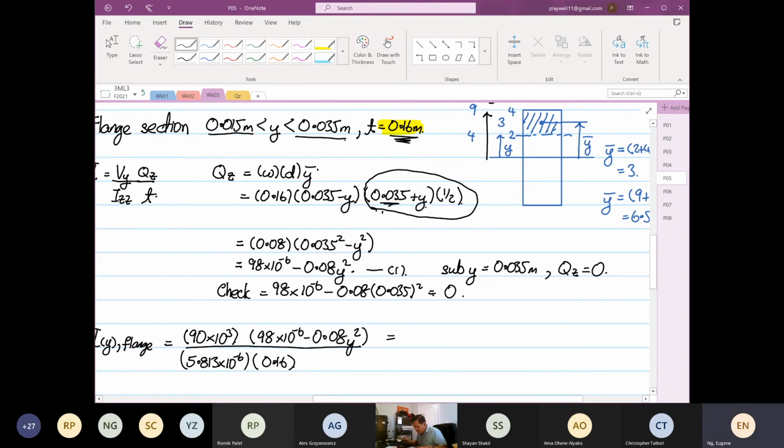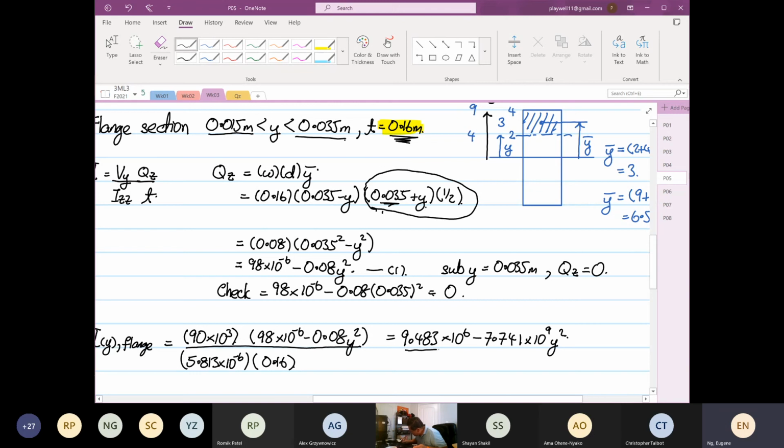So when you formulate everything, 90 times 10 to the power 3 times 98 times 10 to the power minus 6 divided by 5.813 divided by 0.16 is equal to 9.483 times 10 to the power 6, minus 90 times 10 to the power 3 times 0.08 divided by 5.813 divided by 0.16, which is 7.741 times 10 to the power 9 y squared.